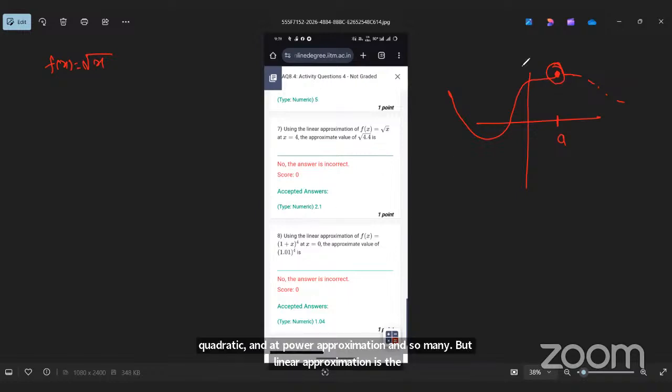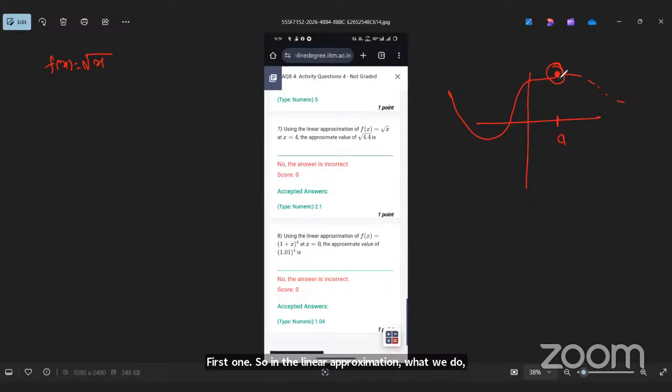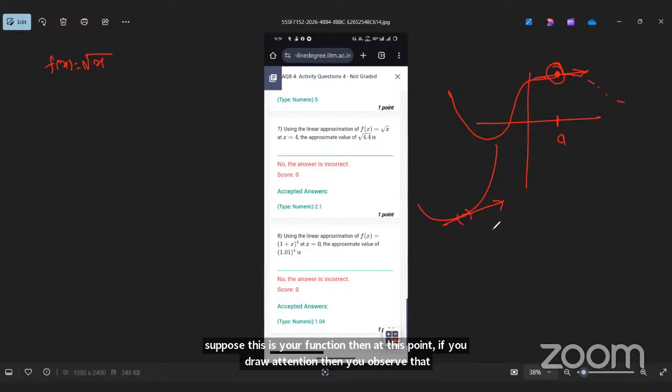So in linear approximation, we try to approximate the value of the function using the equation of the tangent. Because if you observe a curve, suppose this is your function, and at this point you draw a tangent, then near this point the value of the curve and the value of the tangent almost collide; they have a very small gap.